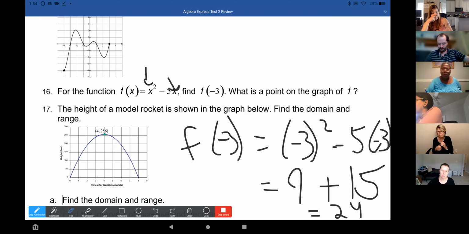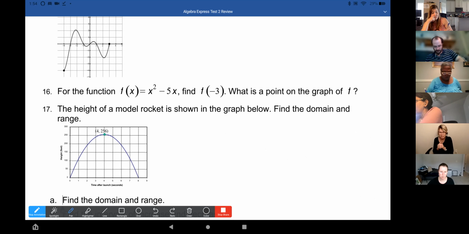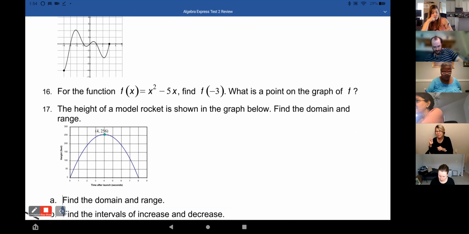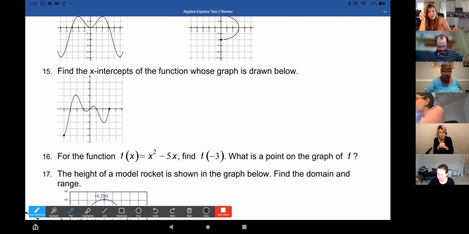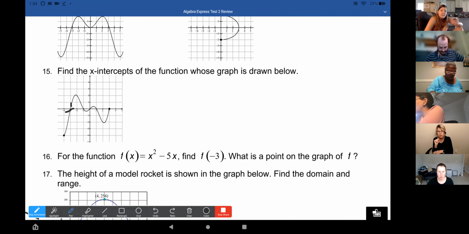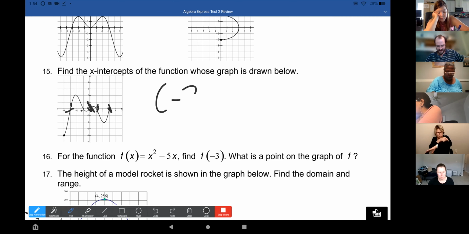Teacher, for the number 15, please. The graph of 15. Find the slope. Find the intercepts. I think there are 1, 2, 3, 4, 5 different points. Minus 3, 0? Yes, we have 5 points.